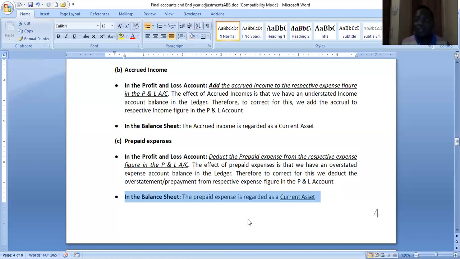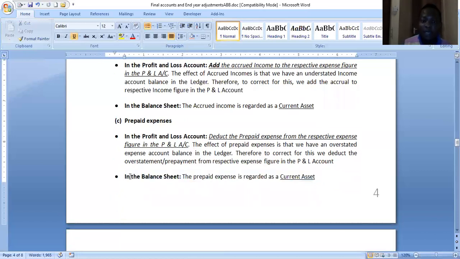Or if he doesn't give us the service, he needs to refund us back our money. So it's like he owes us. So he's therefore like a debtor to us. As such, we treat the prepaid expense as a current asset. So it shall therefore be shown in the balance sheet as a current asset.